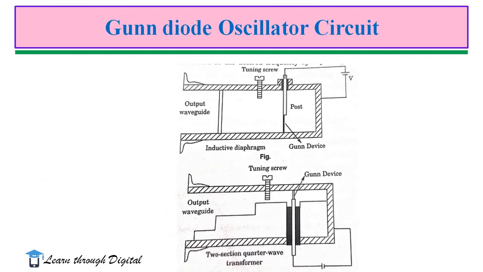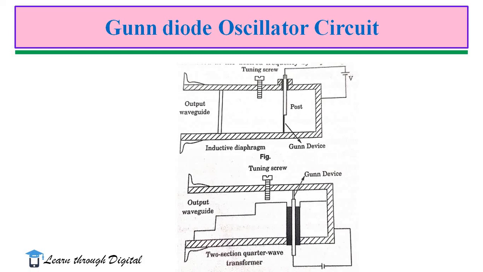Gunn diode oscillator circuit. Gunn diode can be used for both oscillation and amplification. Here, the Gunn device is located under a post in the rectangular waveguide. The cavity is resonated at the desired frequency by adjusting this short circuit.